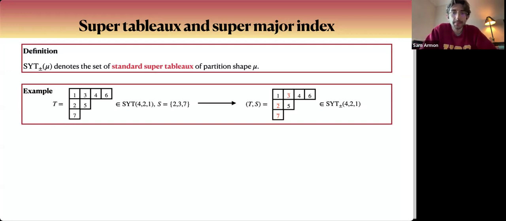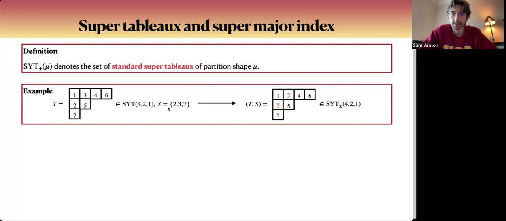So the idea behind a standard super tableau, for a partition shape mu, these will be denoted by SYT plus minus. The idea is I just start with a regular old standard Young tableau, like you see on the left here. But then additionally, I designate some of the entries in the standard tableau to be negative.